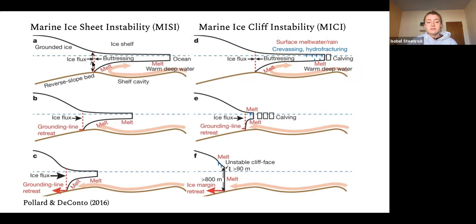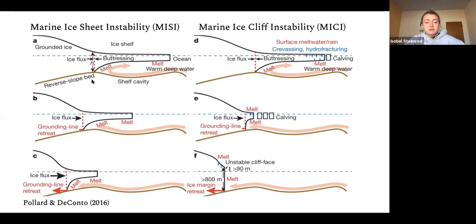So marine ice sheet instability is basically when the ice shelf, which is the part that is not grounded by the continent, is exposed. This is the grounded ice, and this ice shelf is exposed to seawater. So warm, deep water comes in and melts the bottom of the ice shelf, which reduces the ice shelf's buttressing effect on the rest of the ice, which moves this grounding line, the red vertical line, back.